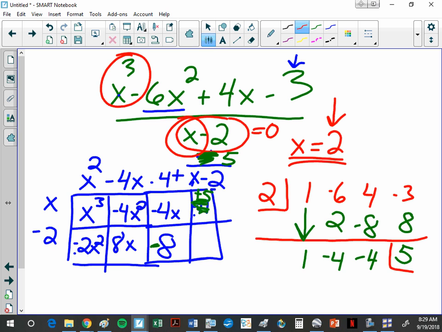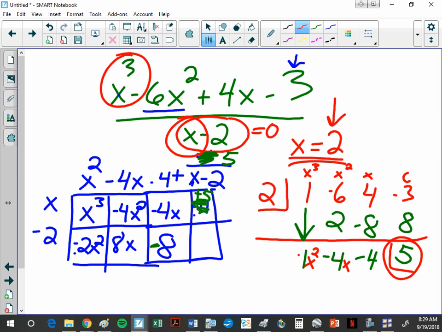So this was an x to the third and an x squared and an x and a constant. And after I do the division, this one becomes an x squared, and this one is an x, and that's a constant, and here's my remainder. You see that? This answer right here is identical to this answer right here.